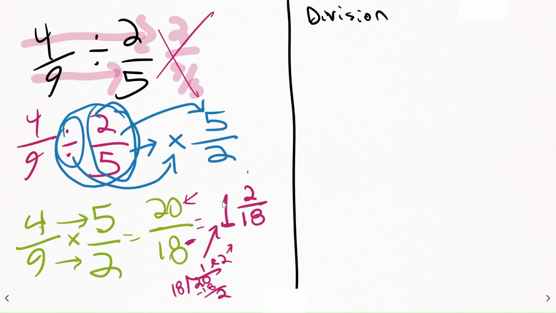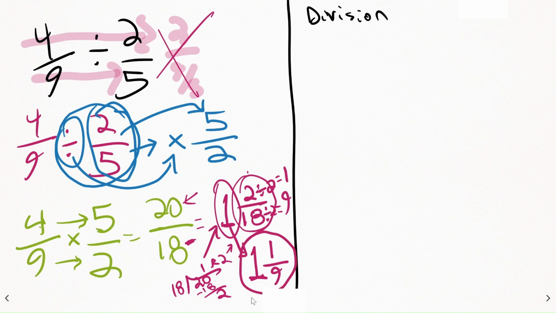But we're not finished yet because if you notice, this 2 over 18 can be simplified as well, because 2 divides into 18, doesn't it? Because 9 times 2 is 18. 2 divided by 2 is 1, and 18 divided by 2 is 9. Don't forget that whole number. We got to carry that over. The total answer, the simplified answer, is 1 and 1 over 9. So that's going to be the complete answer in simplified form.